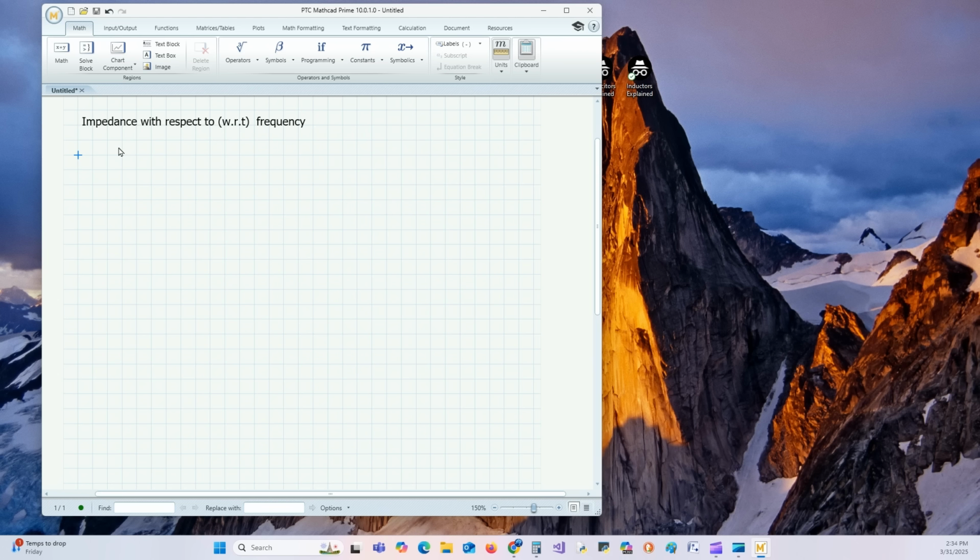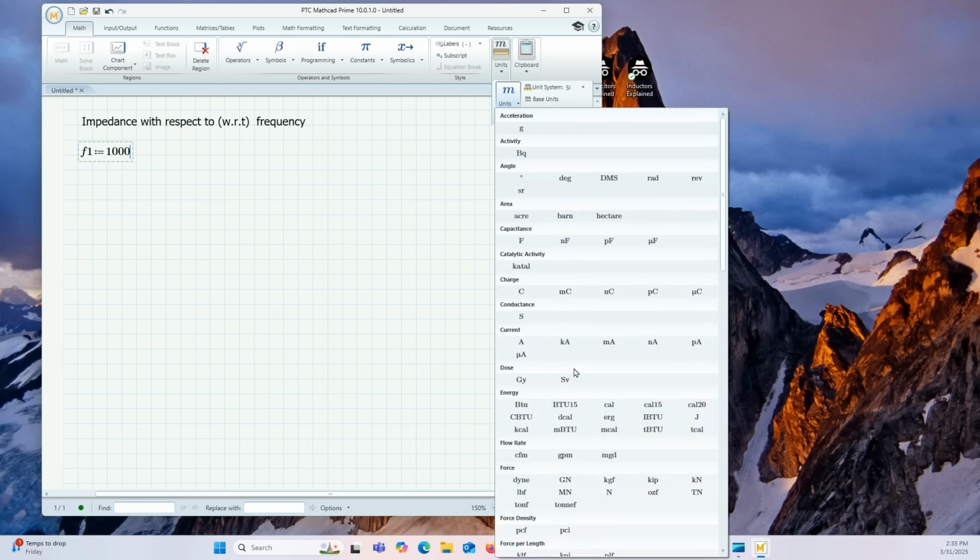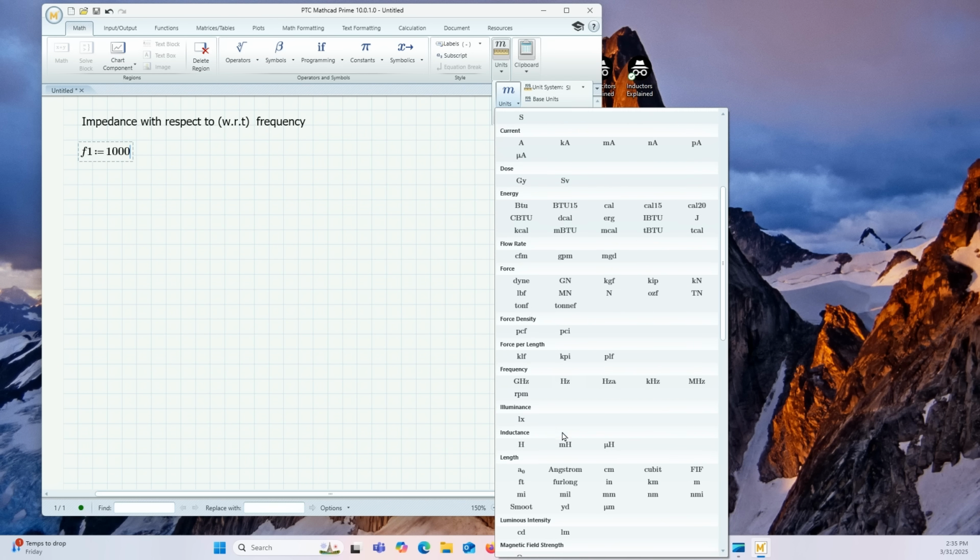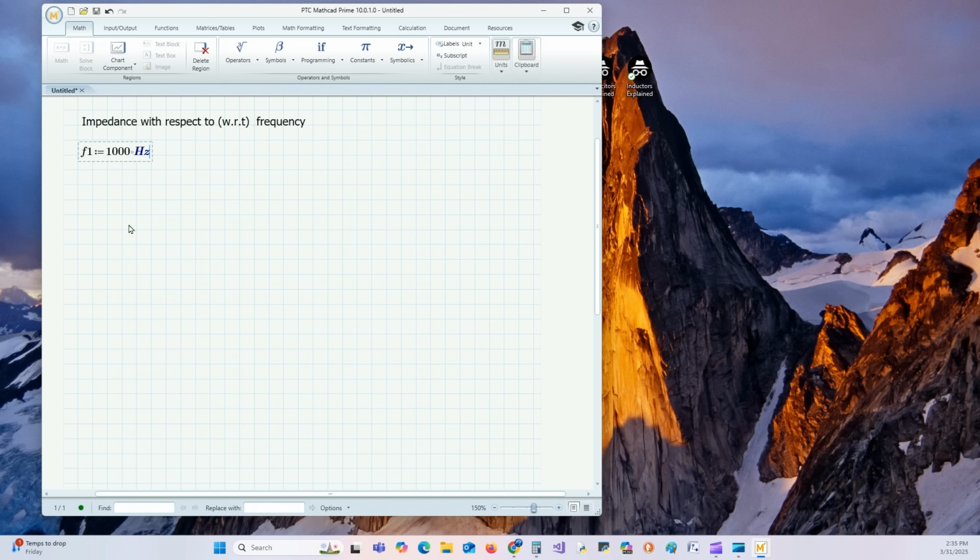So we start out at 1 kilohertz, so F1, shift colon, equals 1,000 hertz, or 1 kilohertz. Come up to the units, go down to frequency, select hertz.